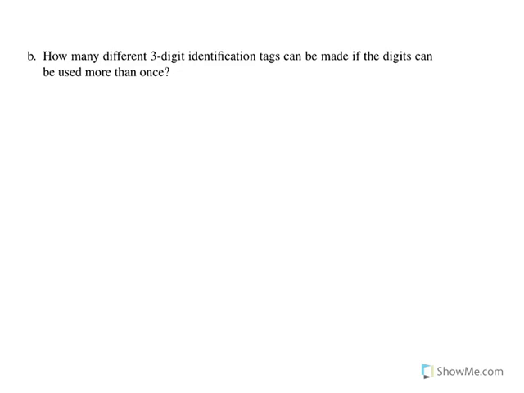So in B, the question is, in fact, kind of a simpler question. You just need to pay attention. It says, how many different 3-digit identification tags can be made? And look at the condition they're giving you. They say, if the digits can be used more than once. So it means that you can use the same digit more than once.